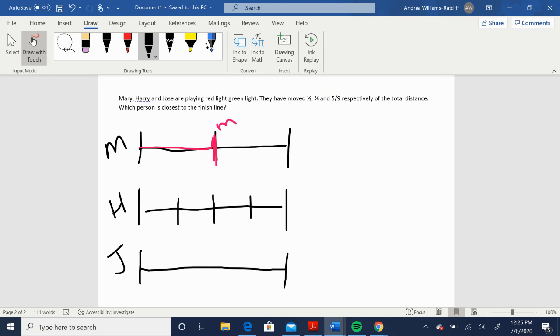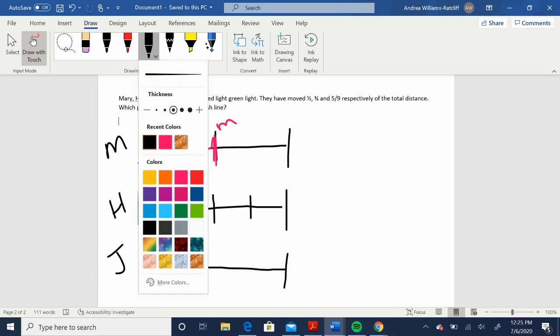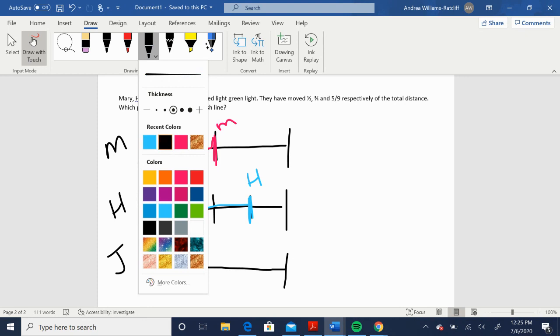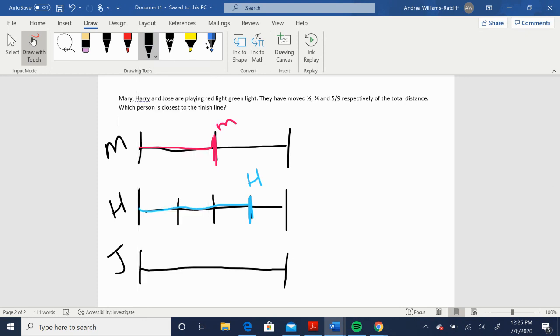So Harry, we know he is going 3/4. So he's going to go all the way up to here, and that's how far Harry's going to get. When we get down to Jose, he sort of has the most difficult line for us to think about. He's going 5 knots. So that means we have to break our line into knots.